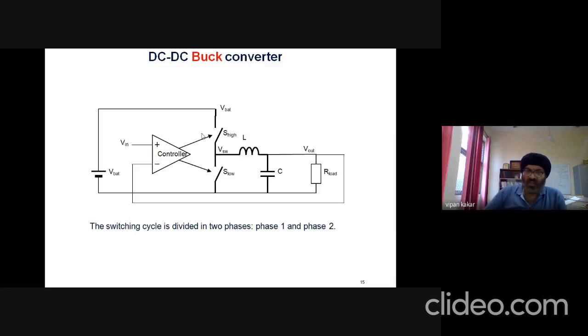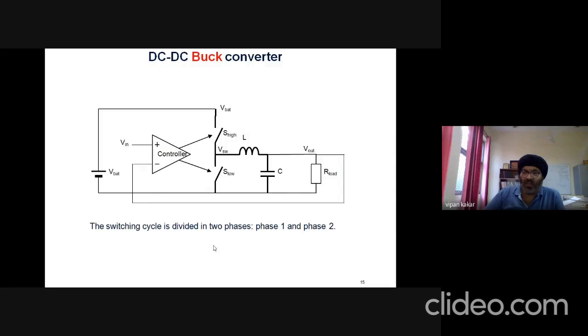In DC to DC converters, we normally feed back the output of the converter into the controller, so that the controller can decide based on the feedback and the input whether to switch on or off these switches automatically, based on the control algorithm inserted inside the controller.